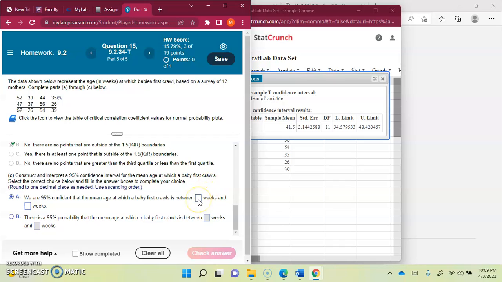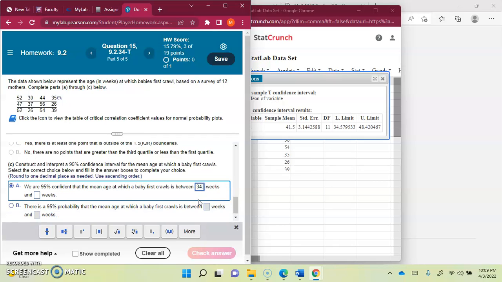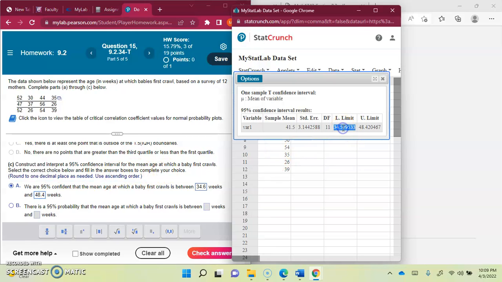Here we need to fill this in. 34.6, since they're asking for one decimal place, and this is 48.4. These are the lower and upper limits for your confidence interval, 34.6 and 48.4.